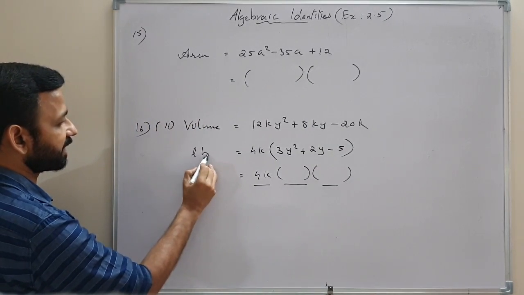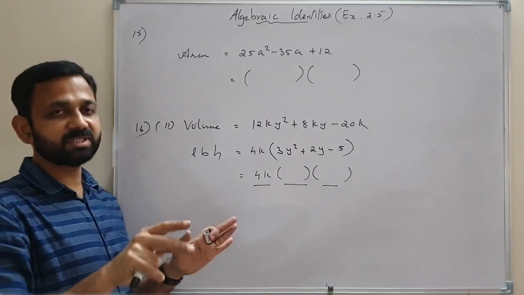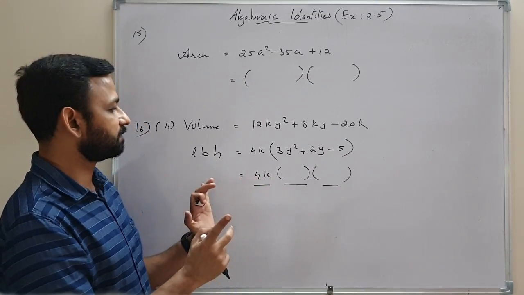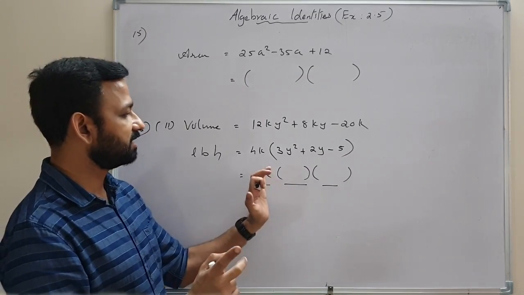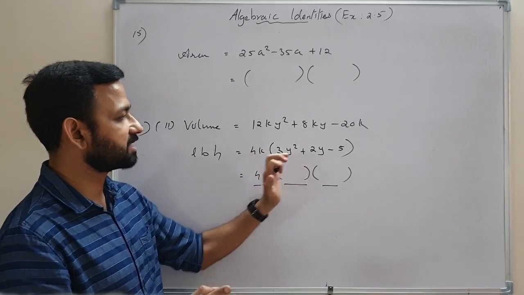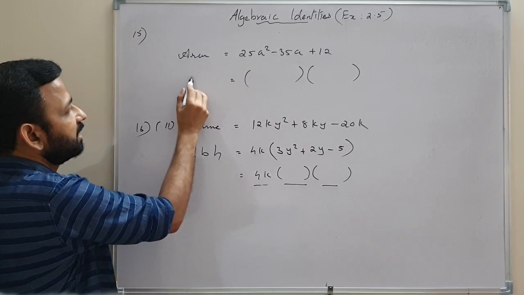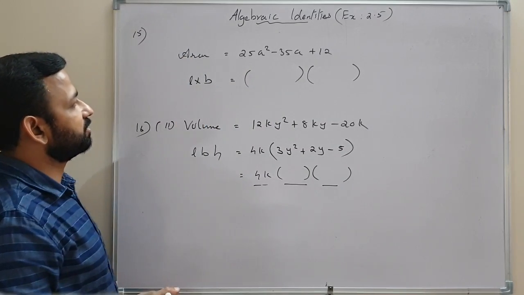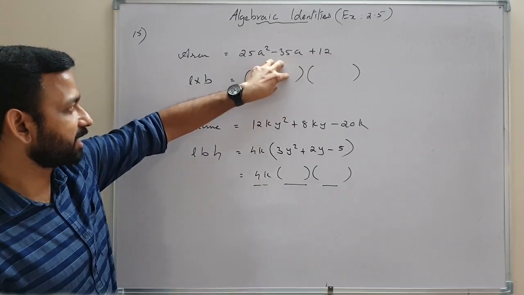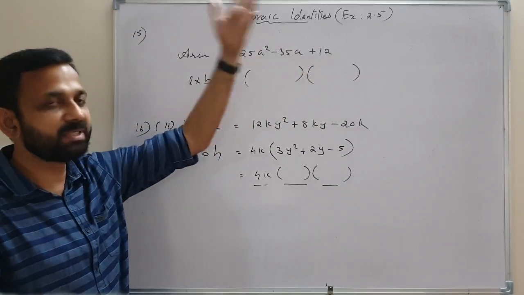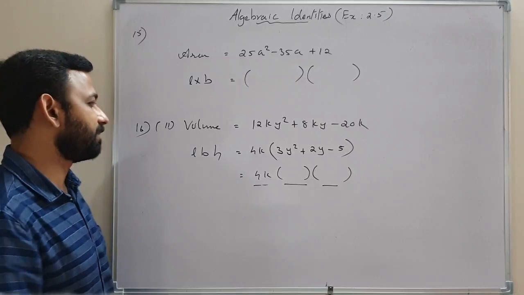Volume is length into breadth into height. We cannot say which one is which. And similarly here, area is length into breadth, so we will get one binomial here and another binomial here.